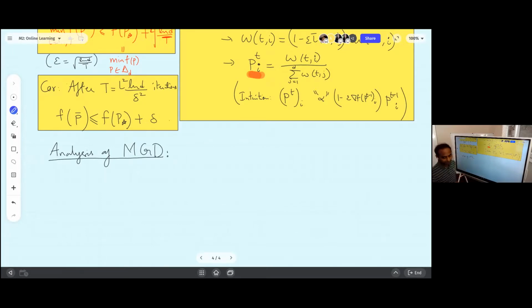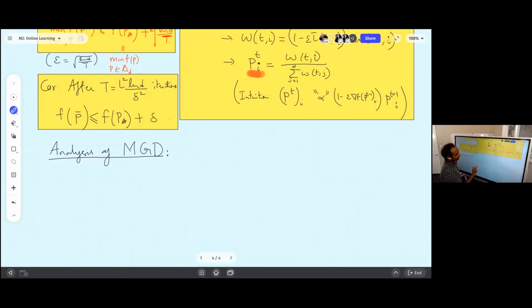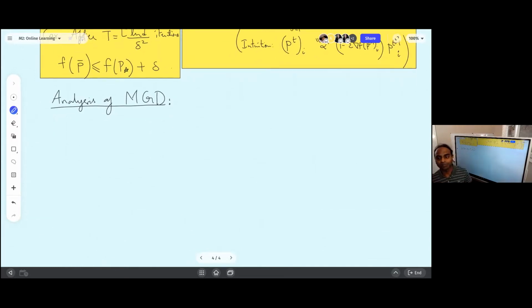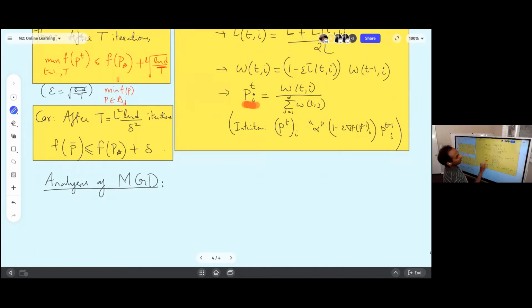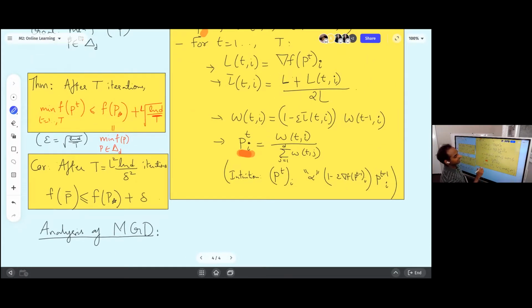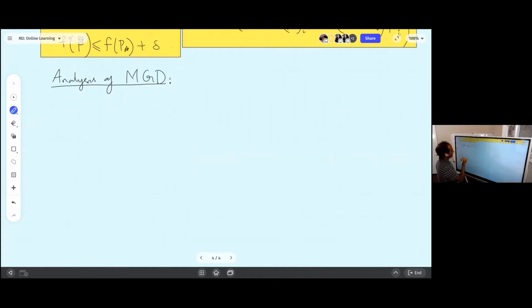For the analysis, we are going to imagine we are playing a learning with experts game. There is no learning with experts game in the algorithm, nothing happening like that. But we're going to imagine there is one, in a way so that what you have written down here is exactly what would show up in the update if you apply the multiplicative weights method there.